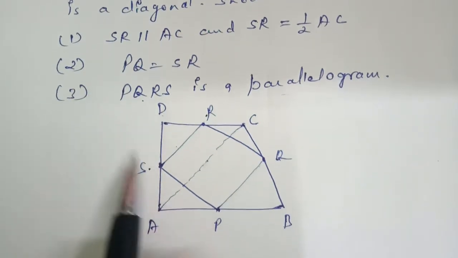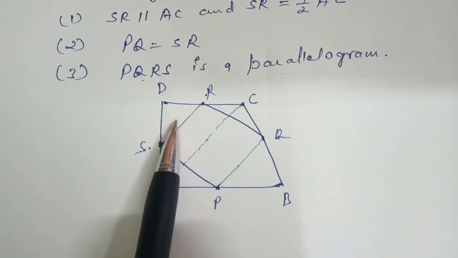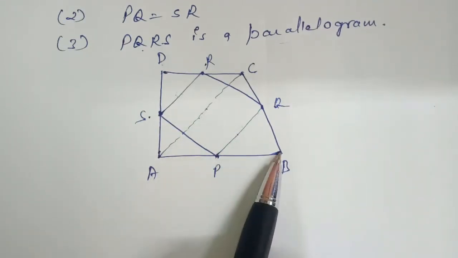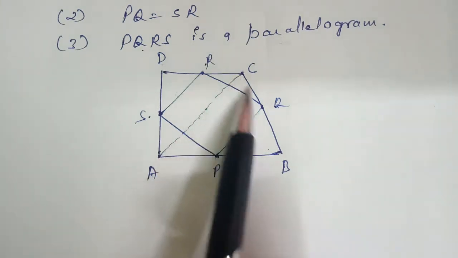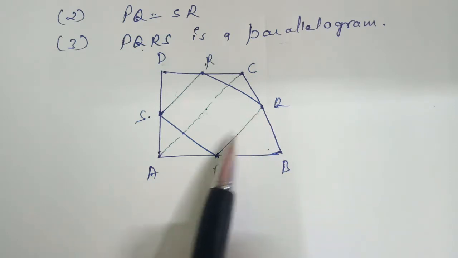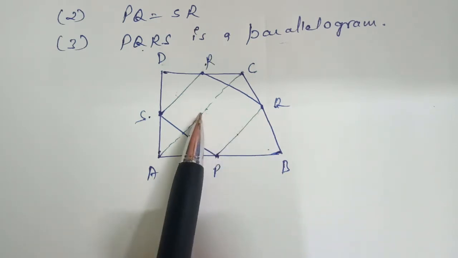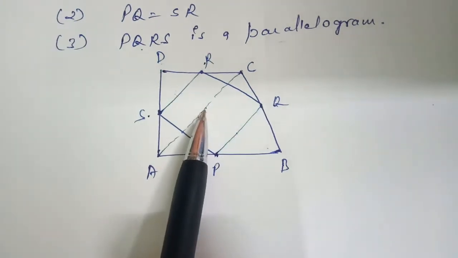For the second part we have to prove PQ equal to SR. For that we take the other triangle, which is below the diagonal AC. Here also P and Q are the midpoints. So by applying the midpoint theorem, PQ is parallel to AC and PQ is equal to half of AC.